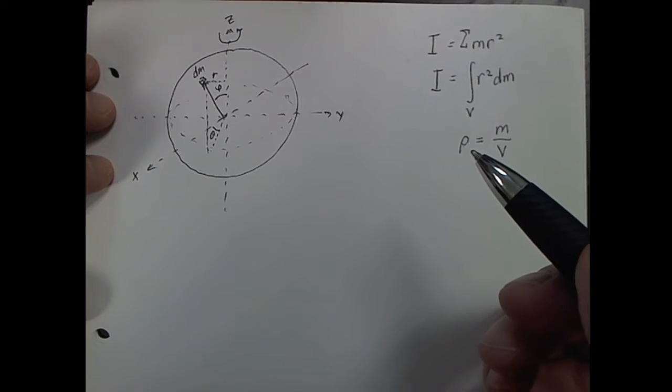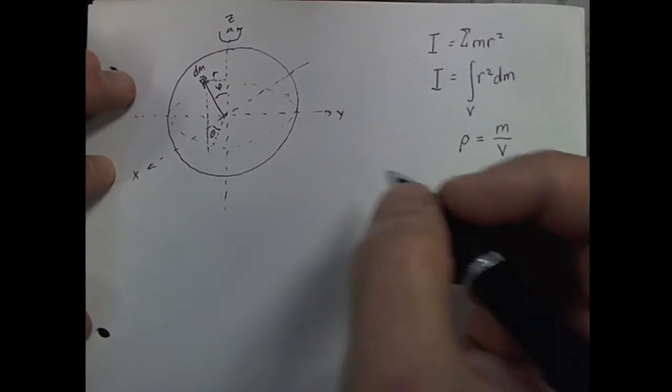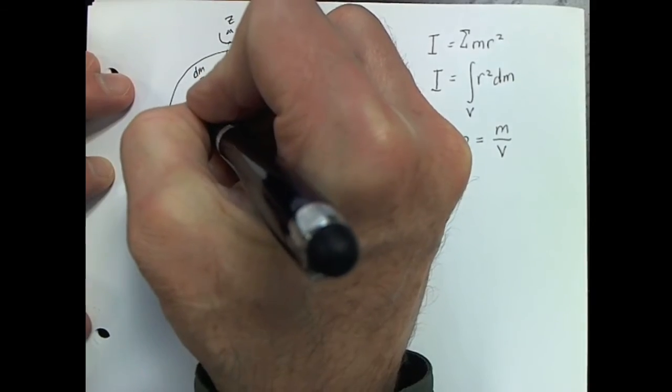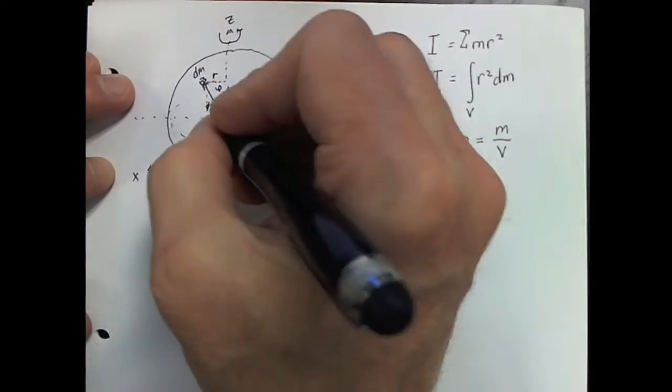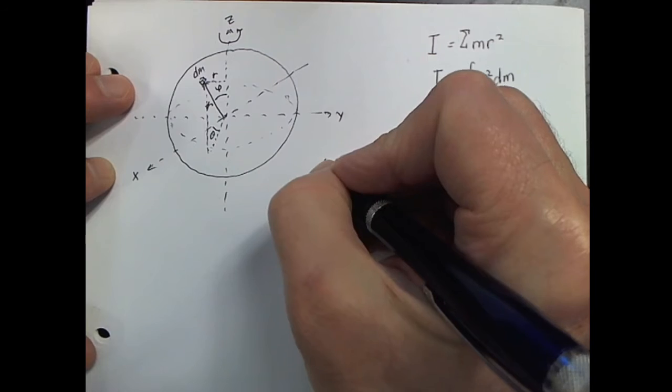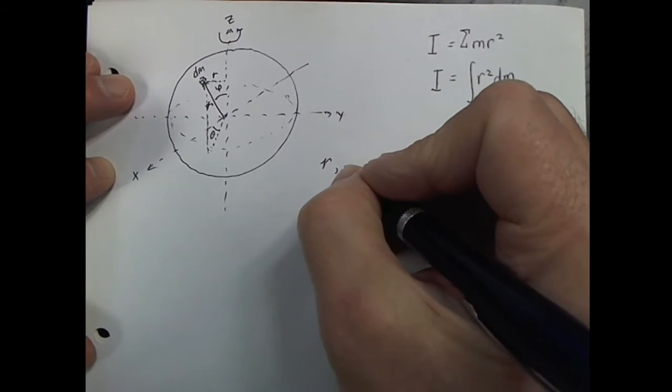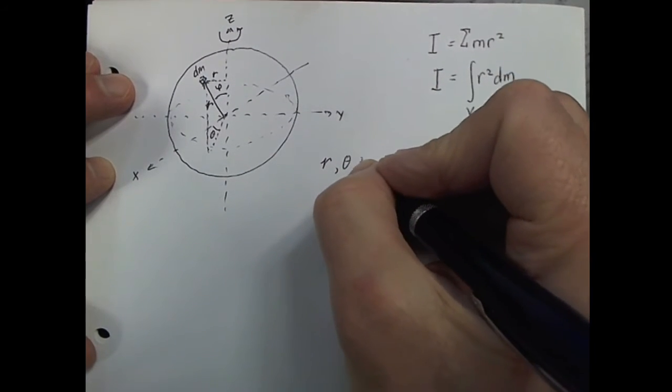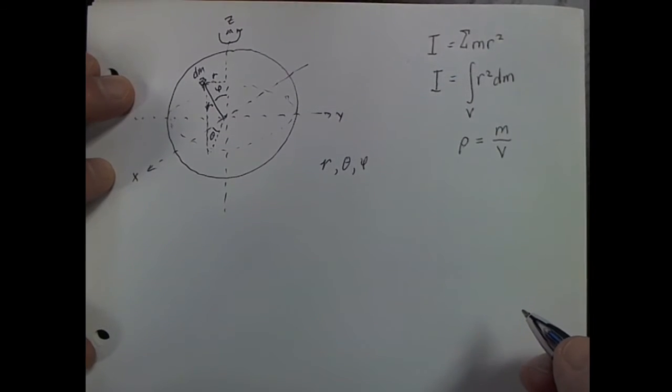So how about I use a pretty r, like a cursive r. So our coordinates then would be r, theta, and phi. That's the spherical coordinates.